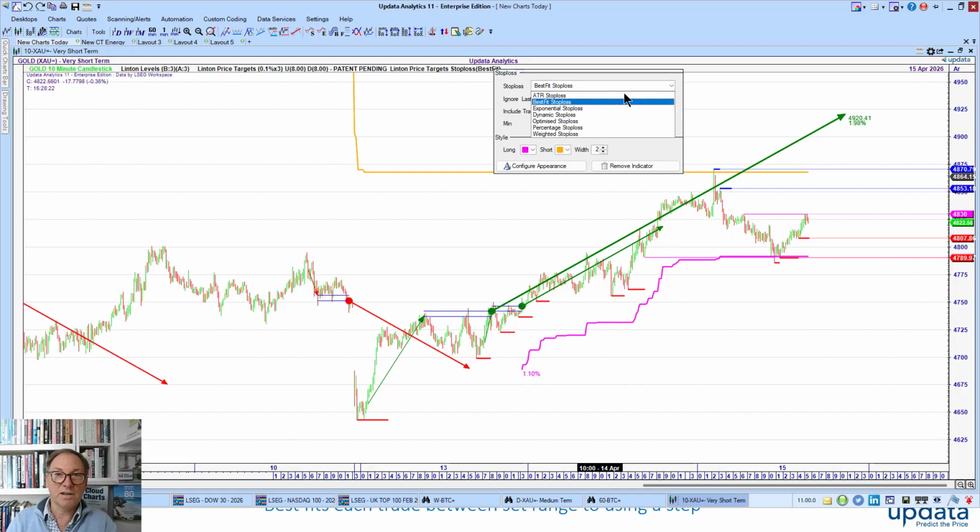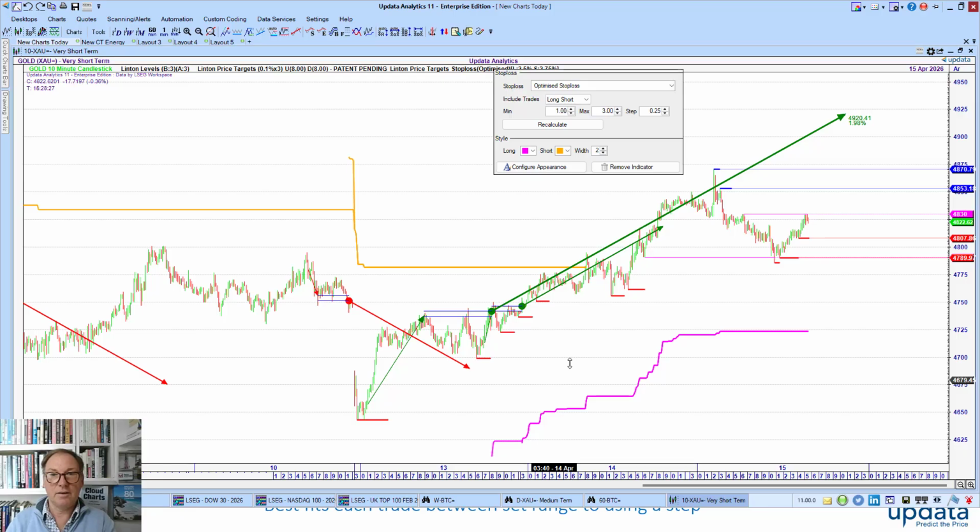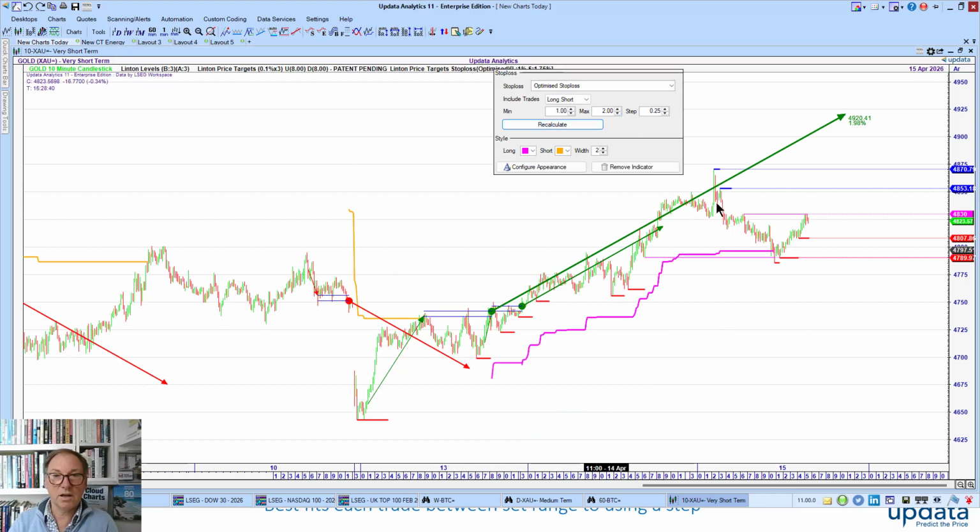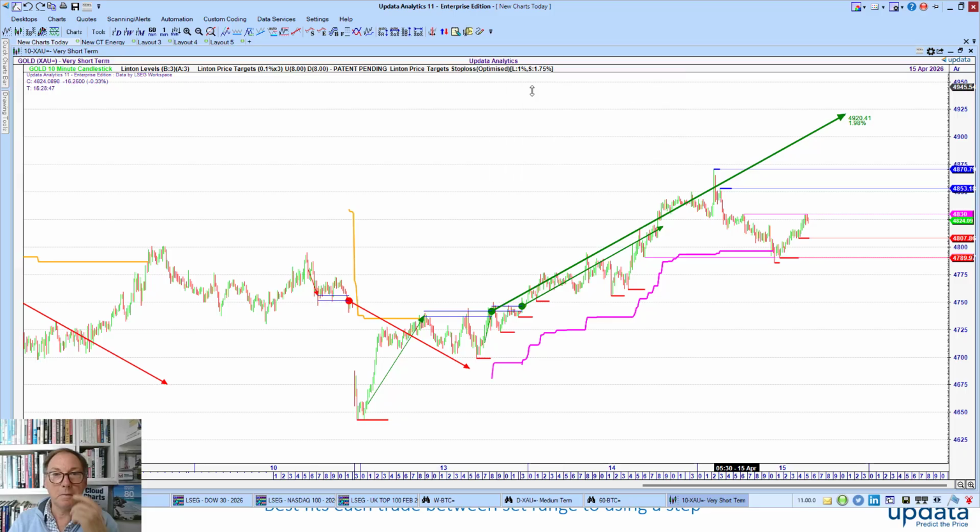And then optimized, which is actually one of my favorites. Here you have to set a range. I go recalculate, but if I set a minimum and a maximum, and if I set that as 2, and then my step and recalculate, it will move those stops, and it tells you up here what 1.75% short and 1% long were the best fit stops.